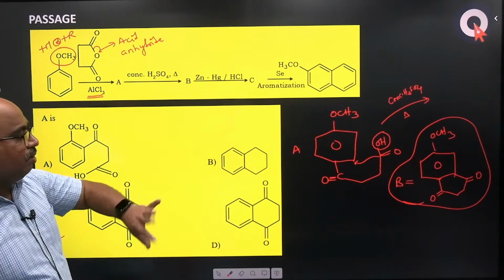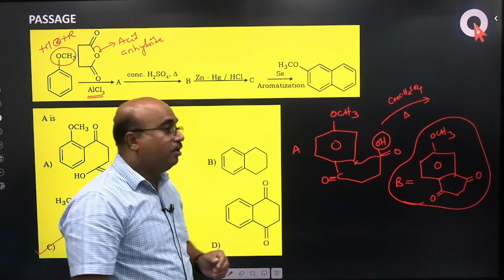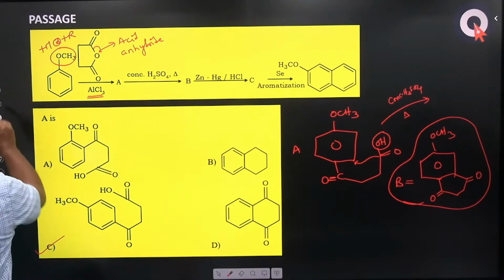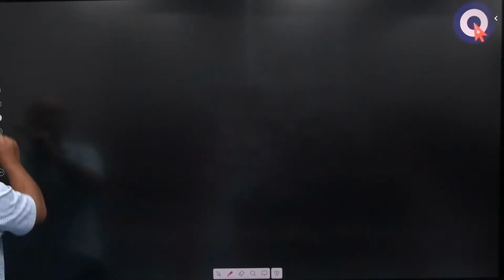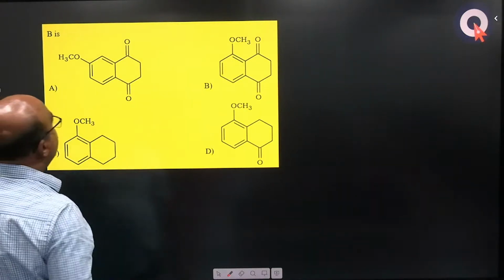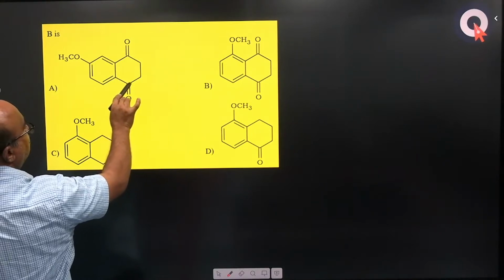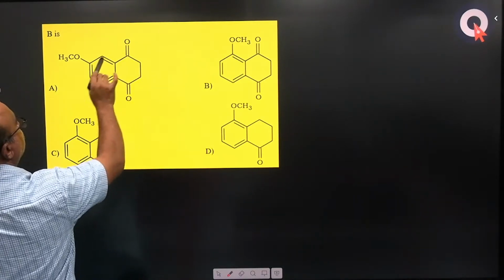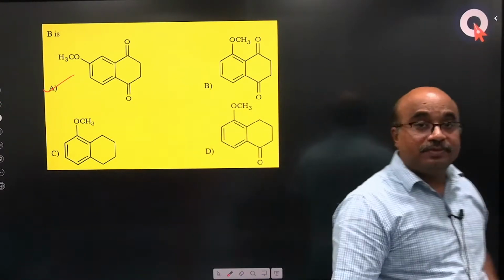But okay, the way you write that you should see. So what is that now? Let us say B option, which is I think given in this. So what is B? So they gave us OCH3 at para position, C double bond O is there, CH2, C double bond O. So this is A. A is the option for us.